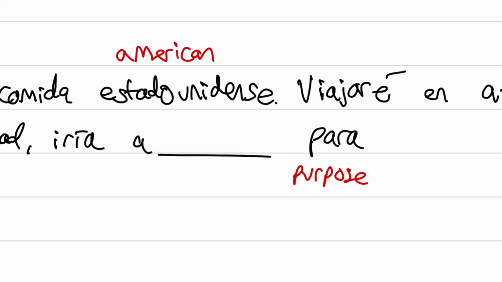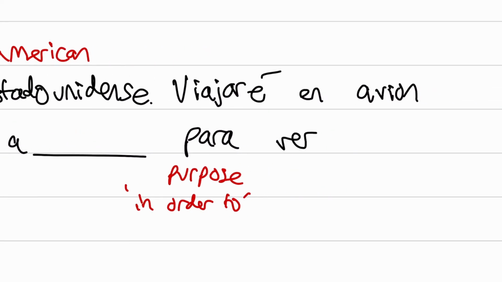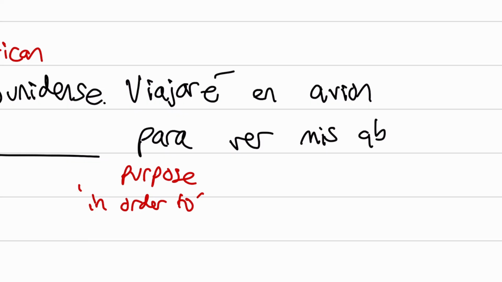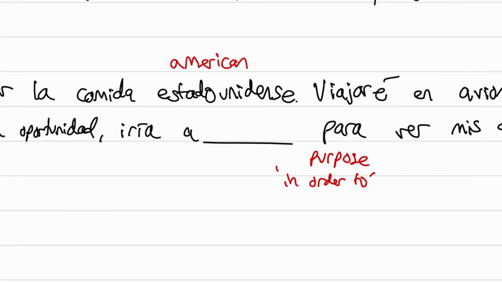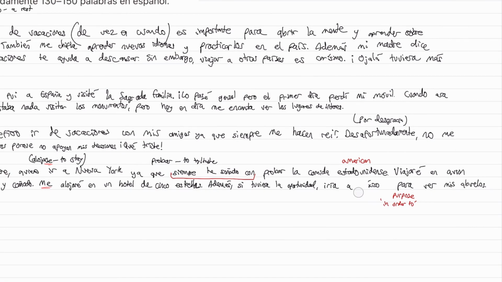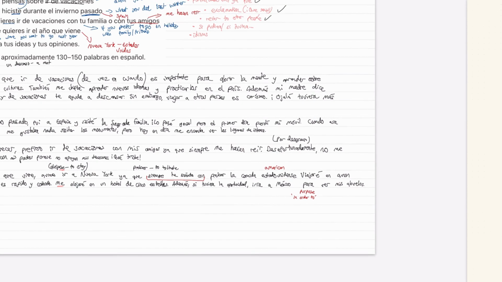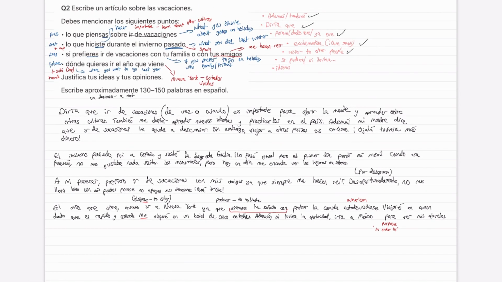So in this case, it means like in order to. Para ver mi familia or ver mis abuelos, my grandparents. Let me pick a country here. So I would go to Mexico. Voy a decir Mexico. ¿Vale? If I cross that line out, oops. Vale. I'm going to leave it there.